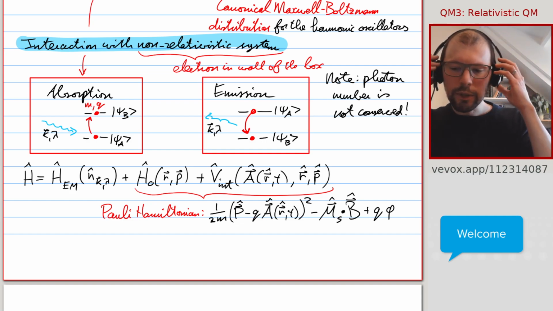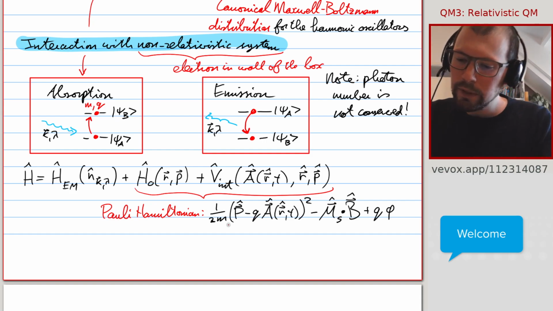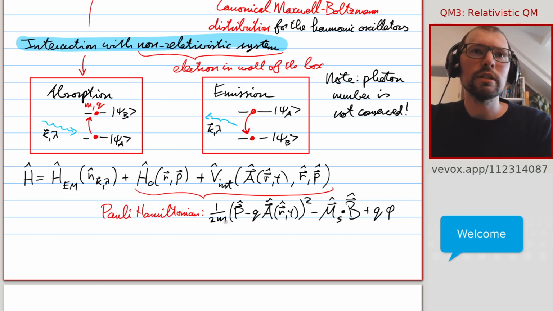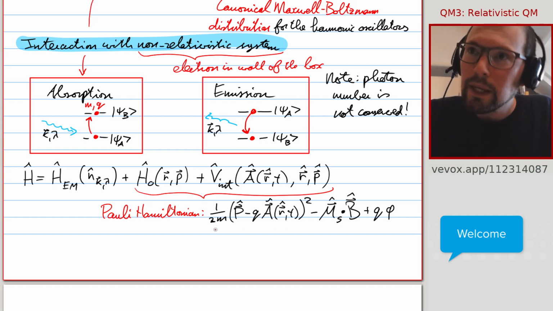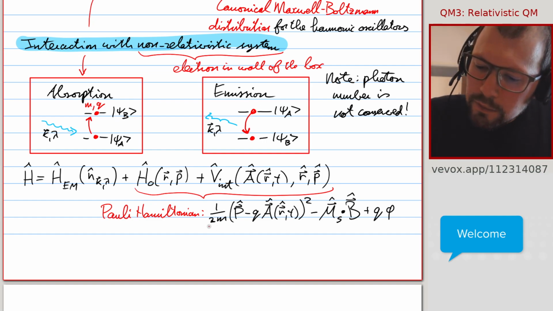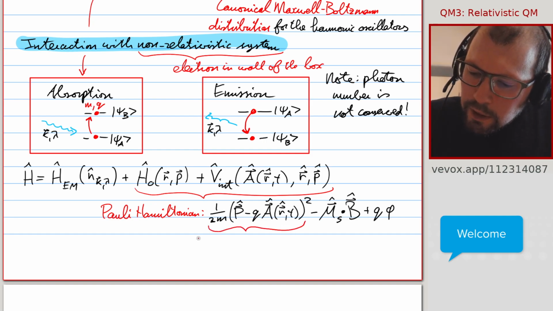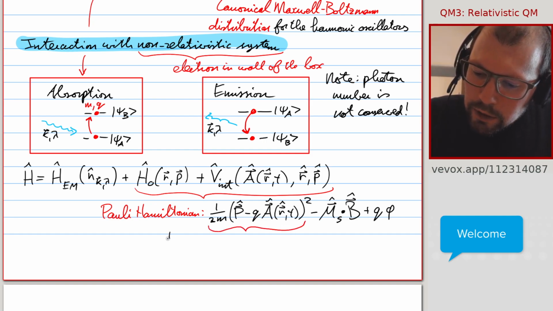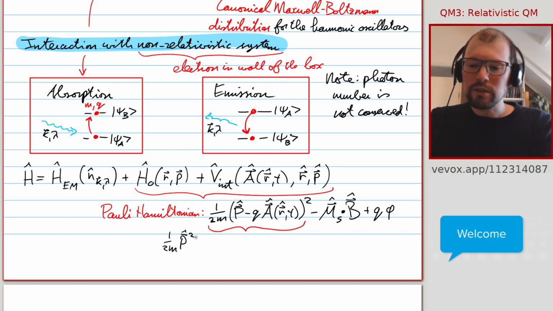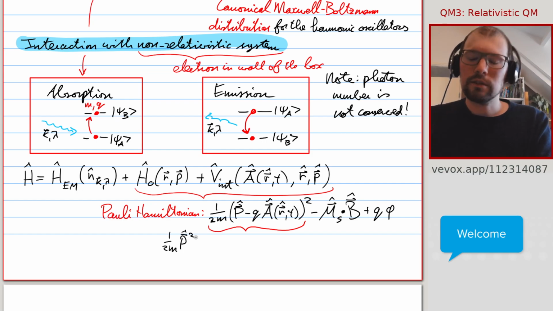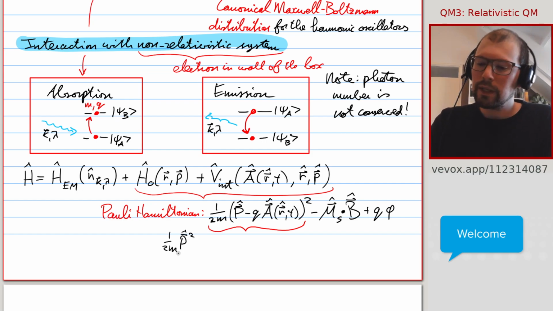Okay, so we have the Pauli Hamiltonian. Let's work out the first parenthesis here. So this part, we get a 1/2m momentum squared, so just a standard non-relativistic kinetic term.